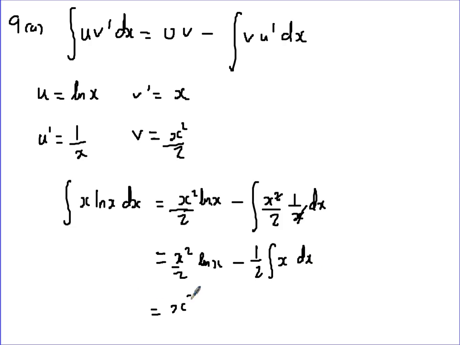So then that gives us x squared over 2 ln x minus then x squared over 2 times by a half, which means getting x squared over 4, and then we can put a plus c at the end as well, the old arbitrary constant. So that's part A done.